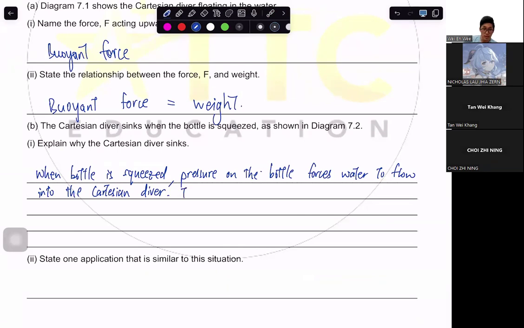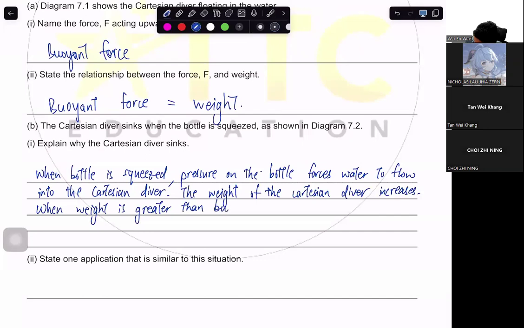So the weight of the Cartesian diver increases. When the weight is greater than buoyant force, the Cartesian diver sinks downwards.